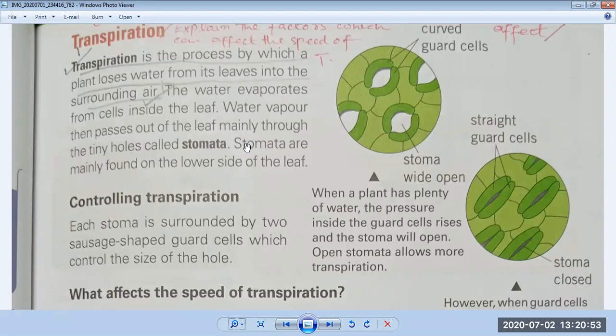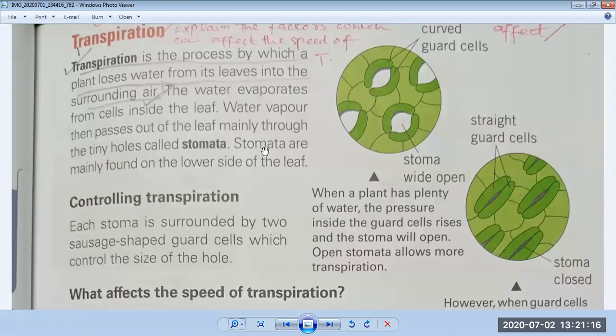Because at nighttime when the plants make their food with the help of carbon dioxide, we have discussed in our previous lecture, they make their food and they convert their glucose into starch form. So at that time energy is released and extra metabolic waste is released.